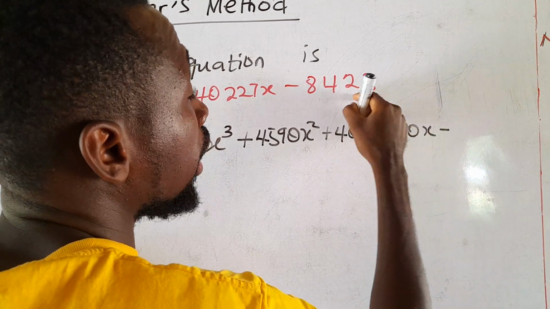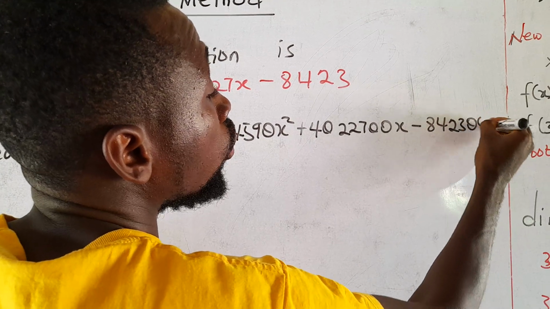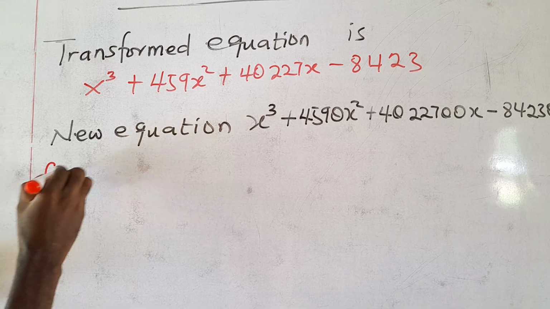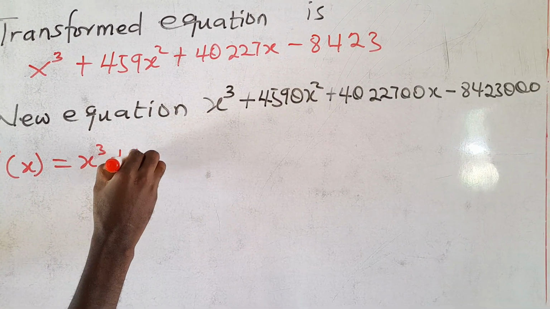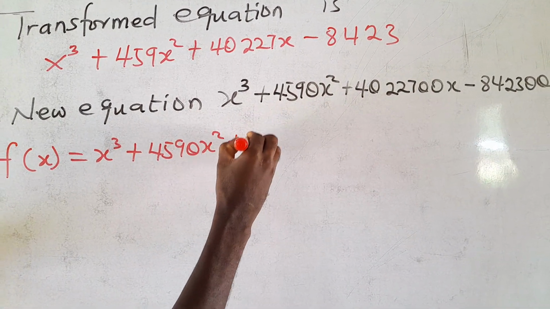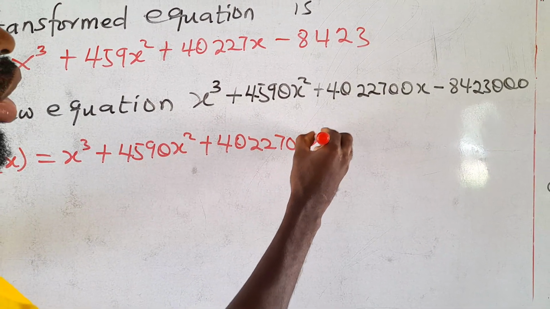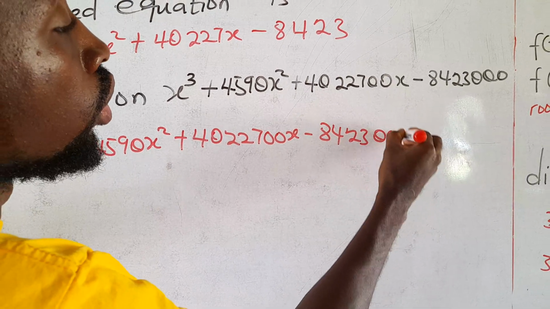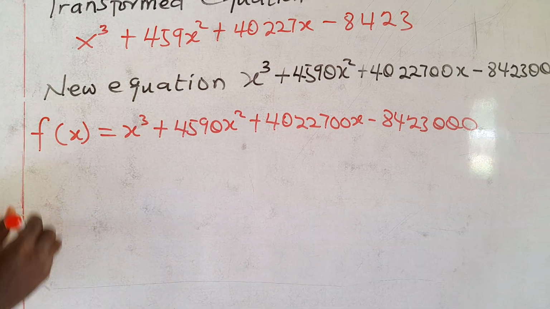Then minus this by 1000. So we get 8423000. You can say our f of x now is x cubed plus 4590x squared plus 4022700x, then minus 8423000.